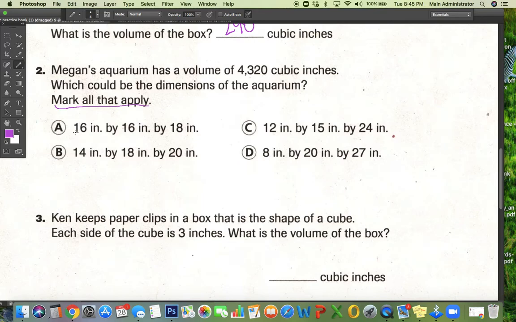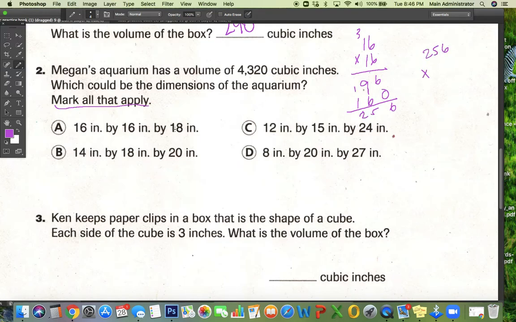Let's take a look at A. 16 times 16. Start with that. 6 times 6, 36. Okay, so we've got 256.